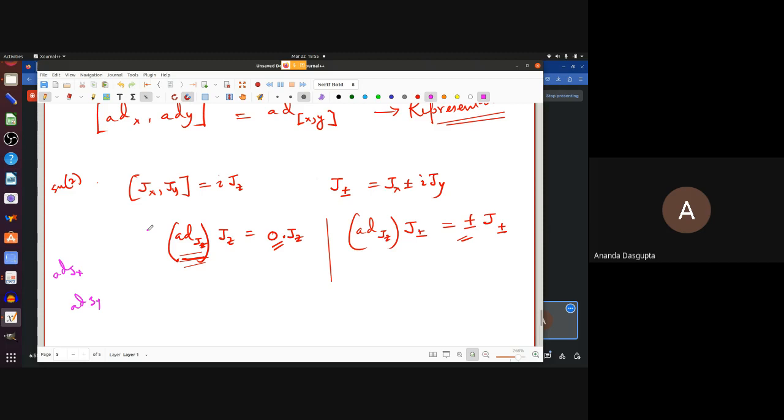Is there something very special about ad Jz? This might sound a bit not so familiar, but this is what we are really talking about, right? Commutators with Jz. But why Jz? Why not Jx or Jy? Could I have done the angular momentum algebra by choosing Jx instead of Jz?